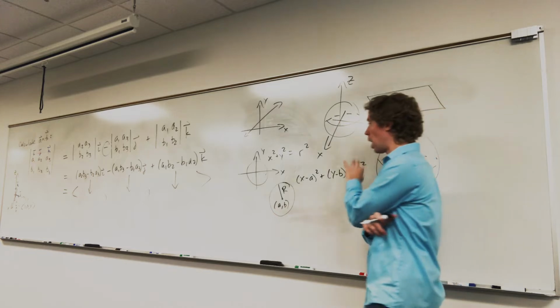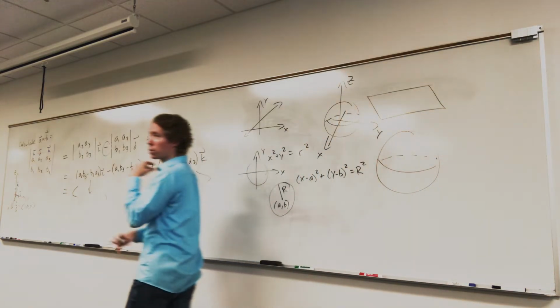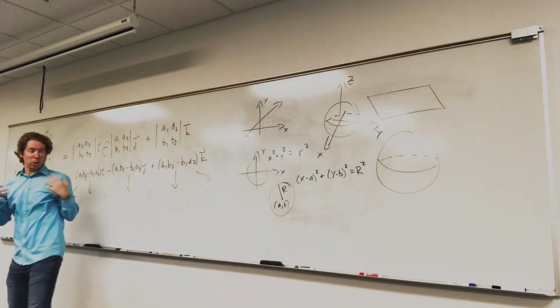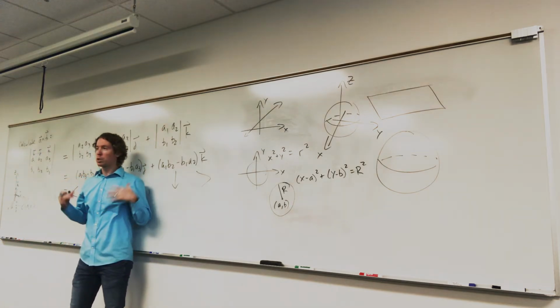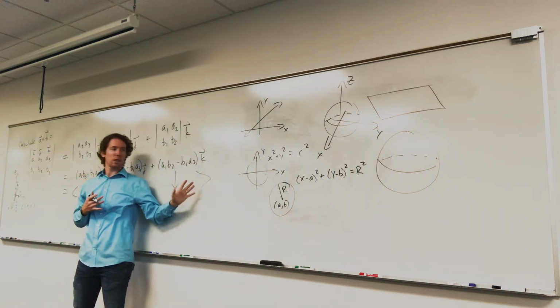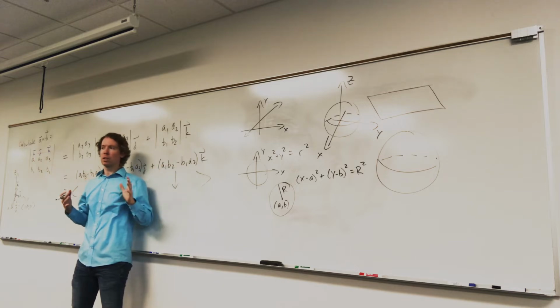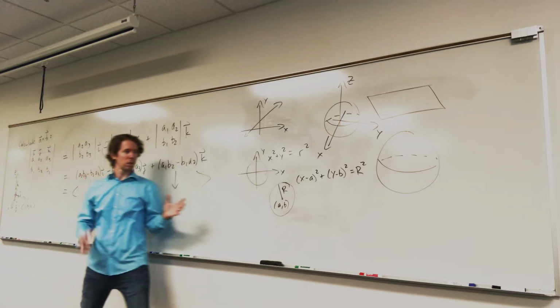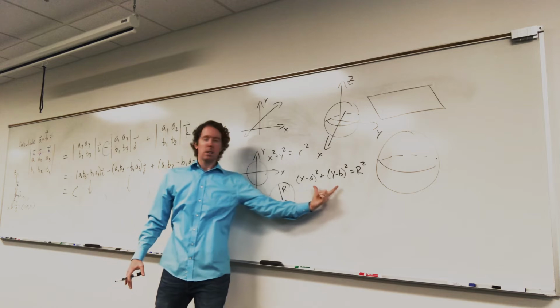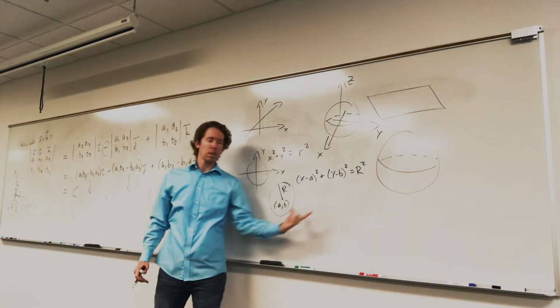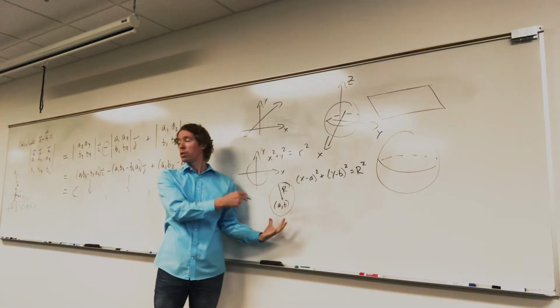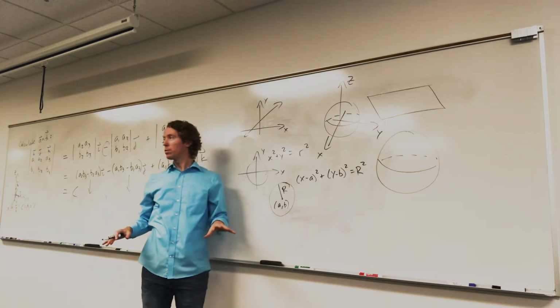Good. I understand how to write down equations of circles, and what you just told me gives me some sort of explanation for why that's true, but I'm still not sure why this equation represents all the points on this circle and no other points.